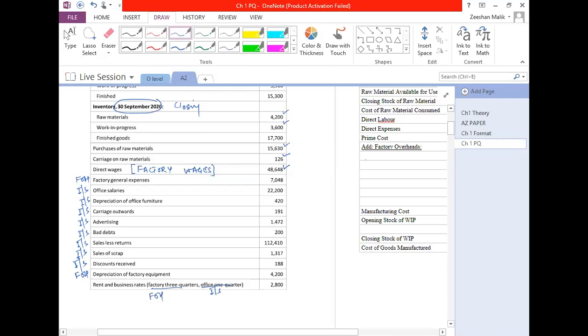So we got 3 items. Number 1, factory general expenses, $7048.